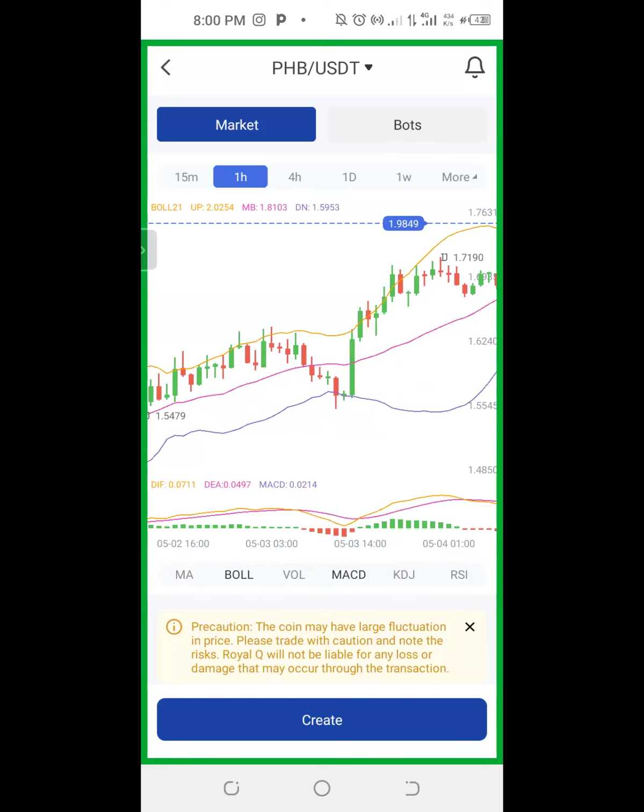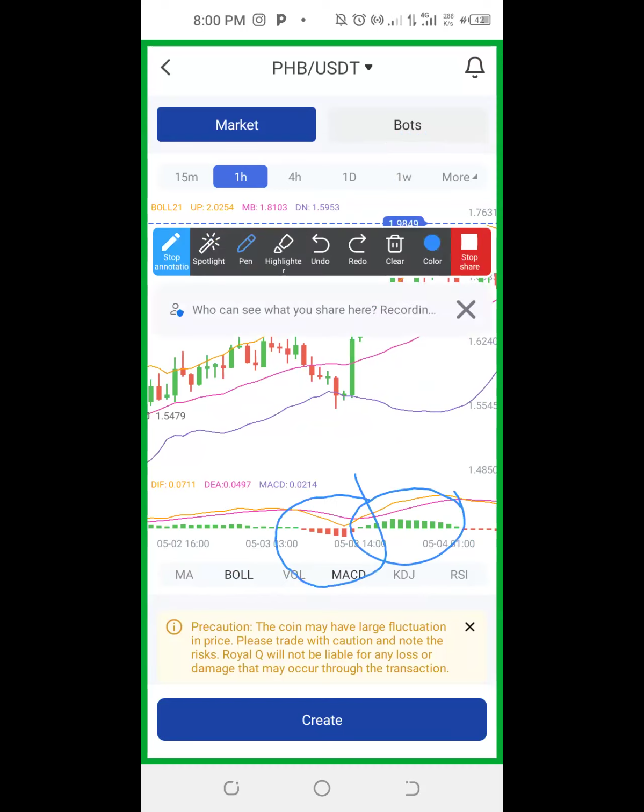Another thing that can be identified in this MACD indicator, apart from this red bar chart and this green bar chart, is there are 2 lines moving together. One is yellow at the top and one is purple here.